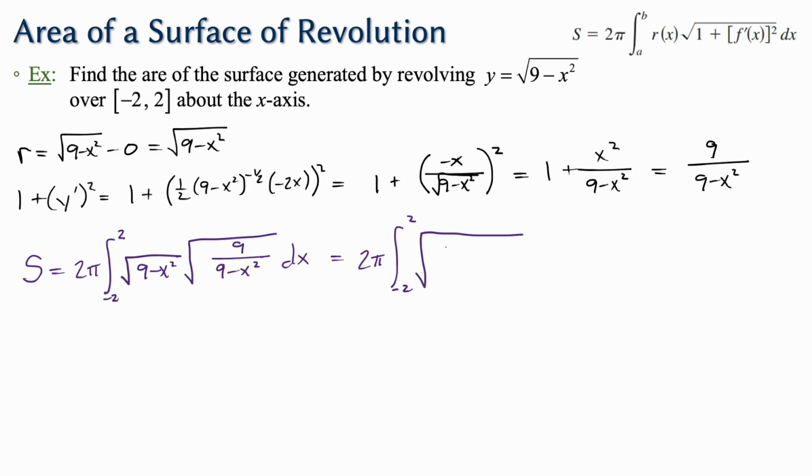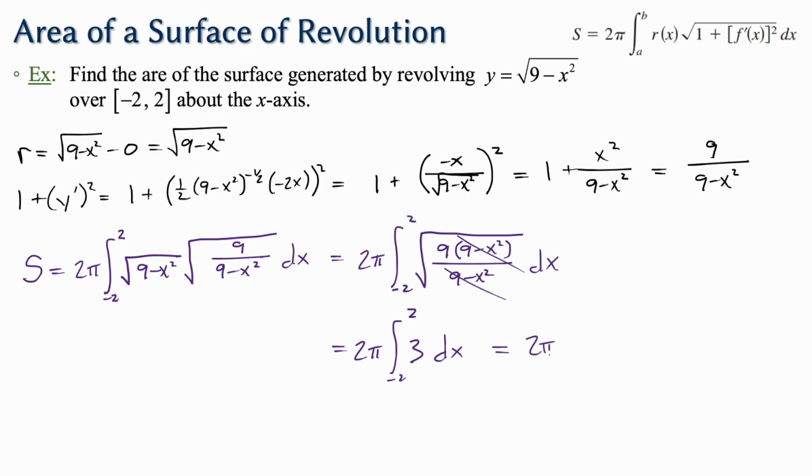So when you look at that, you have basically 9 times 9 minus x squared divided by 9 minus x squared. So as you can see, these are going to reduce. So you're really just left with here the square root of 9. So the reason this one is so nice is when you simplify it, the thing in the radical, this whole piece in here, is literally just going to turn out to be 3. Because you're just looking at the square root of 9.